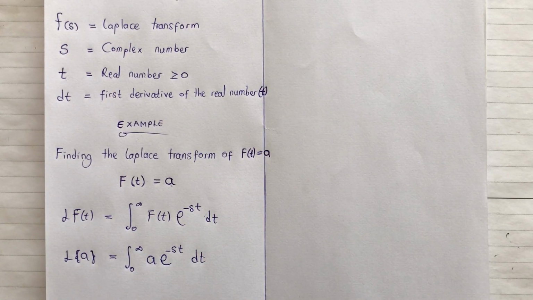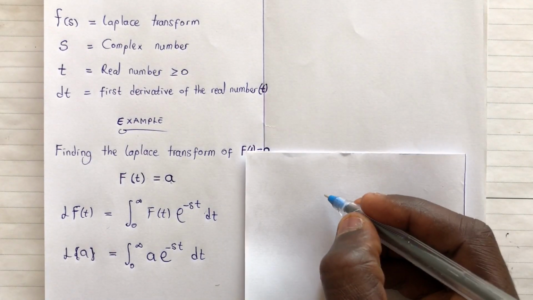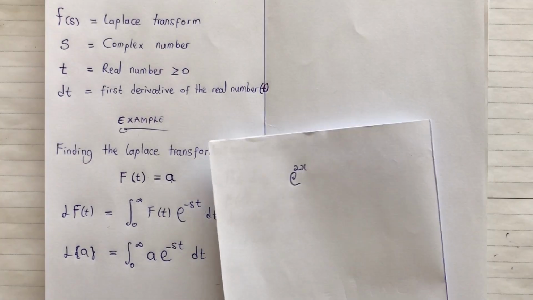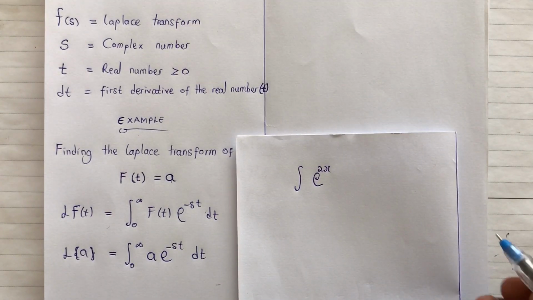Before I integrate the function, I will show you how to integrate an exponential function. If you haven't gone through my videos under exponential functions, let's assume you have an exponential function e to the power 2x. When I want to integrate this, it is simple.